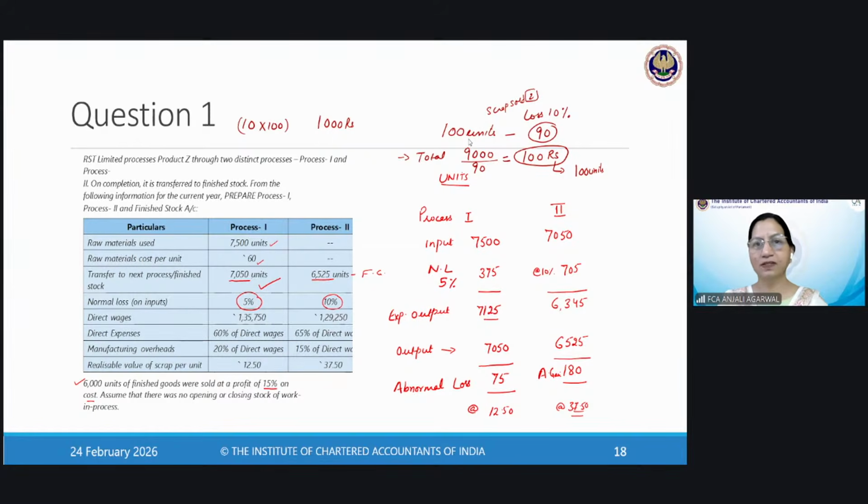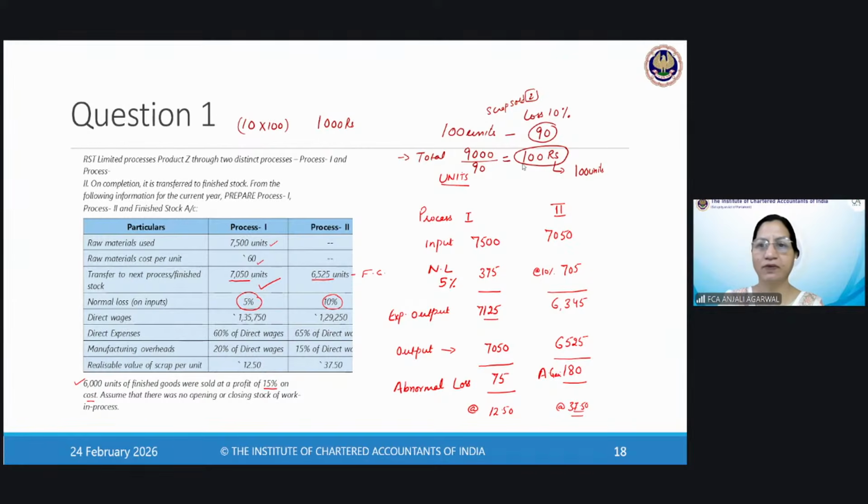So what I'm saying is I had 100 units. I was expecting 90 units to be the normal output, and the cost should have been 9,000 by 90, 100 rupees. But because the workers have worked very well, the entire 100 units were good units, no normal loss.